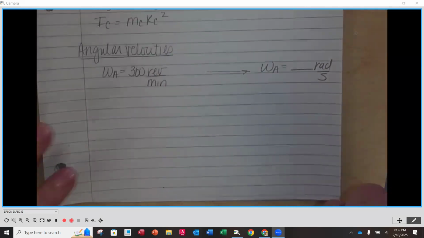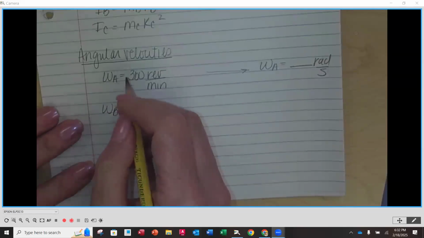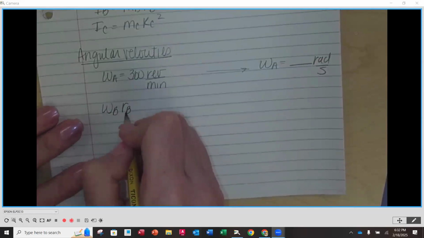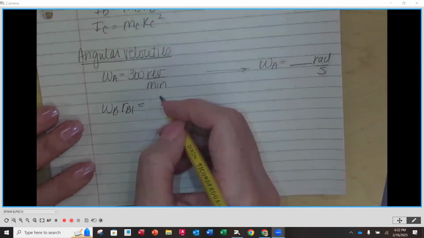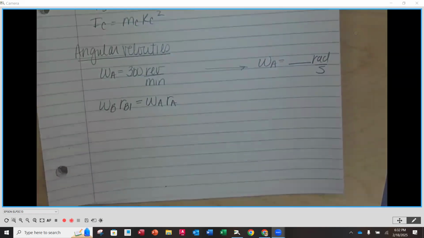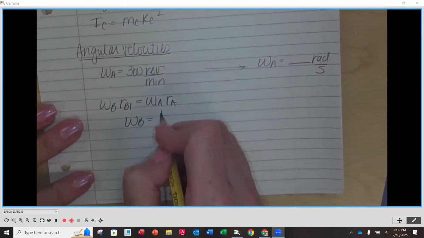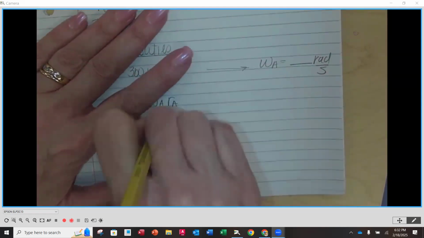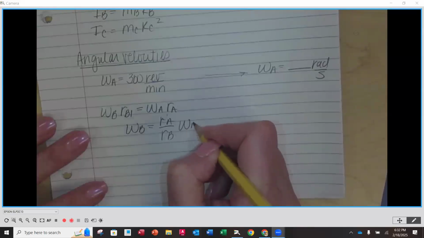So we can say that WB times RB1, which is the radius that engages with A, is going to be equal to WA times the radius of A. We can then say that WB is equal to small r, RA over RB, times WA.